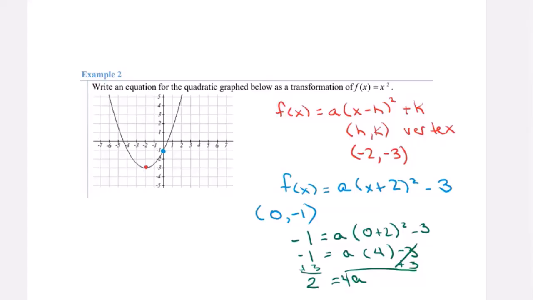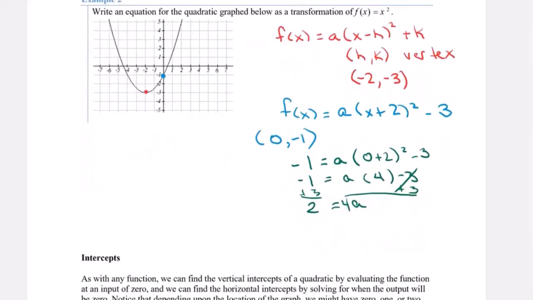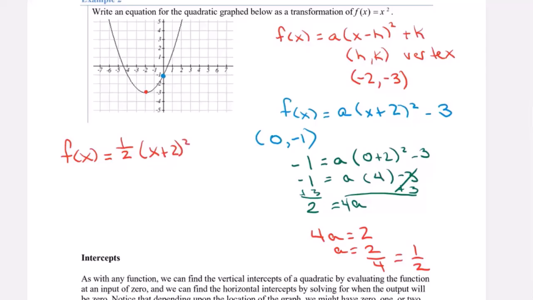So what do I have? I have 4a equals 2, a equals 2/4, which equals 1/2. So my final answer would be f of x equals 1/2 times x plus 2 squared minus 3.